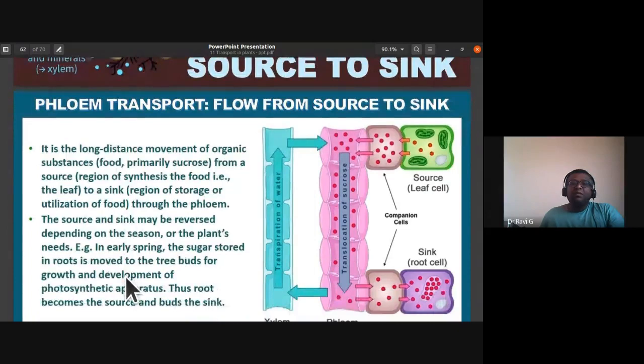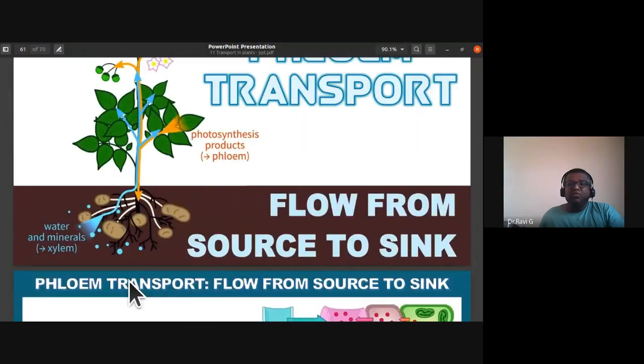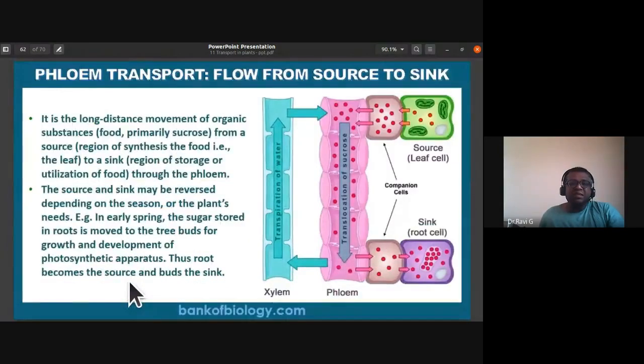Okay. So the transport of food, or phloem transport, or flow from source to sink, is a long distance movement of organic substances. This diagram gives a very clear indication, from the source, that is the region of synthesis of food, to the sink, the region of storage or utilization of food, through the phloem.